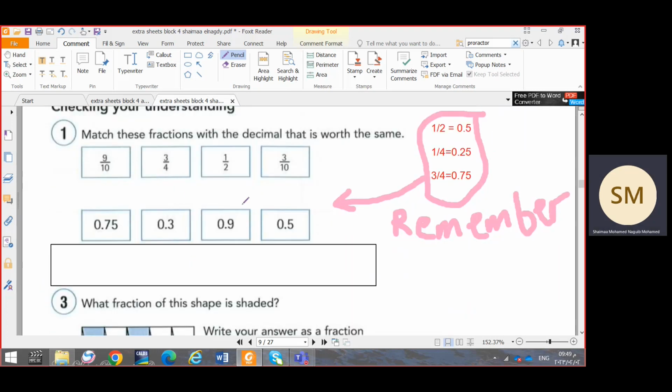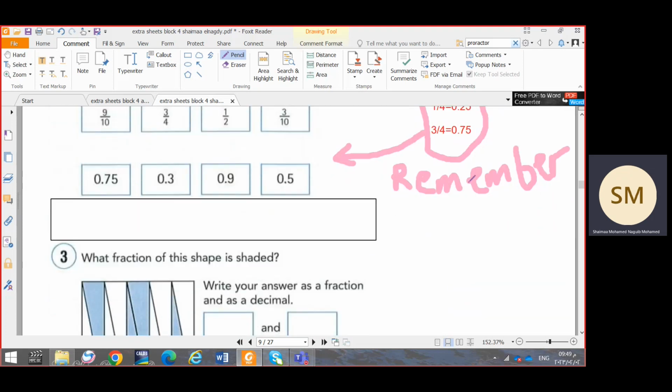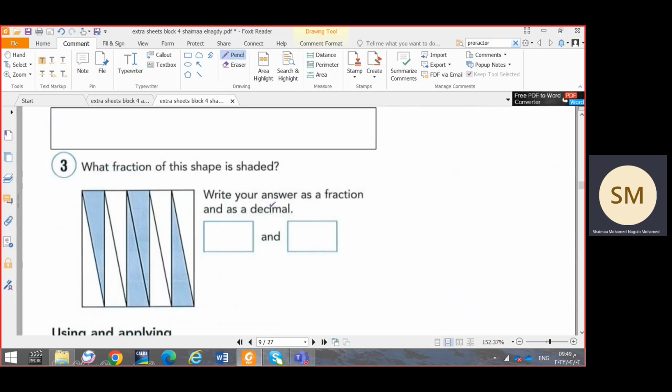احنا عارفين الفراكشن تو decimals، انا كنت حاطه لكم على البورد ان انتوا تفهموا ان 1 over 2 او الهاف equal 0.5. 1 over 4 equal 0.25 وقلت لكم تحفظوها، و 3 over 4 0.75 عشان محدش يخدعكم فيه. طيب what about this one?